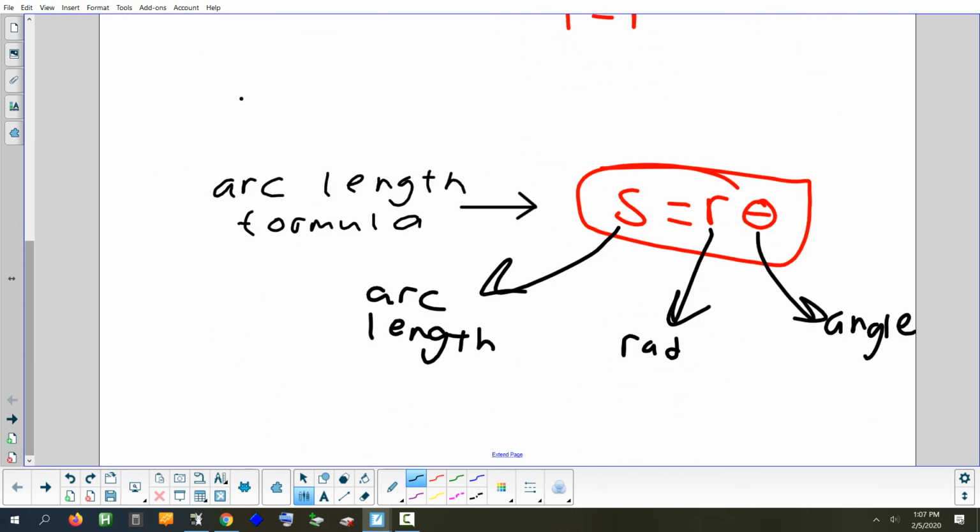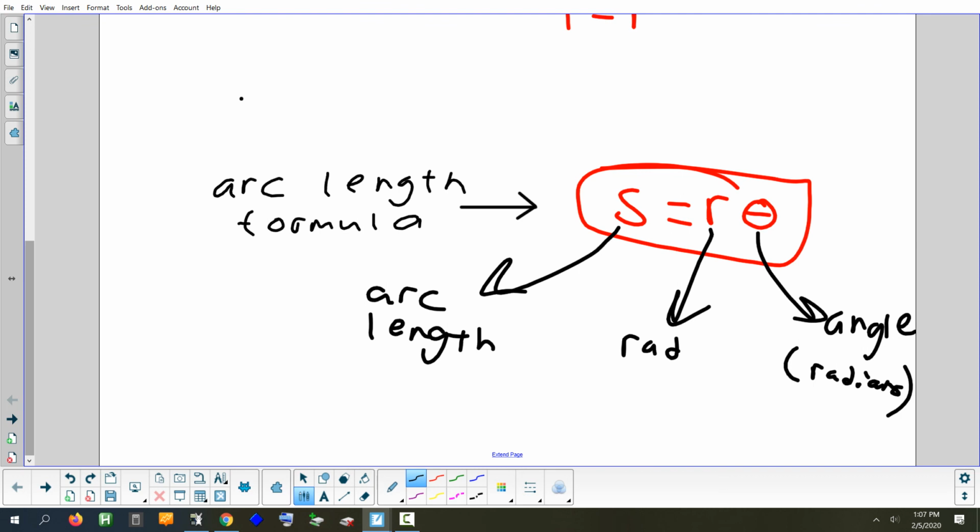You could make a different version to work in degrees if you wanted. But it won't look as nice as that. It would have a pi and it would have a 180. So that formula only works if your angle is in radians.